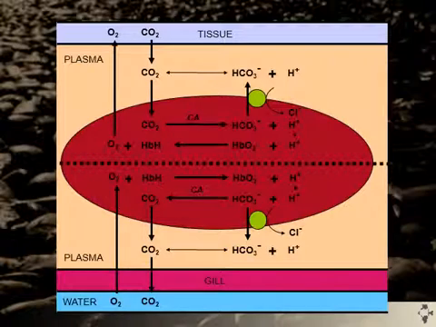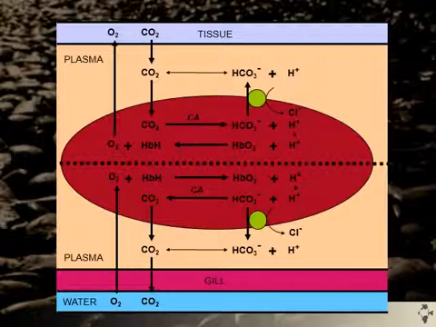Okay, that hydrogen ion can then combine with bicarbonate, that's the HCO3 minus anion there. The bicarbonate anion plus hydrogen ion can be converted to CO2. This is essentially a reversal of the bicarbonate buffering system by means of an enzyme called carbonic anhydrase, abbreviated there as CA.